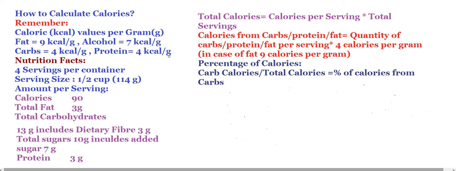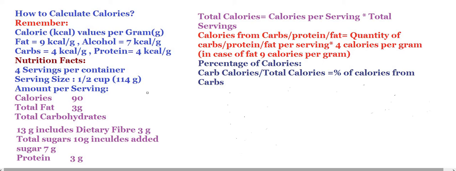So now we are starting to learn how to calculate the total calories. I will be referring to this particular nutrition facts label as given in chapter 4 of Essentials of Exercise Science and chapter 8 of the health coach manual.